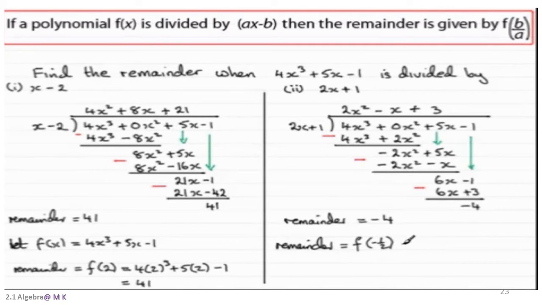So all I need to do now is just substitute minus a half into our expression here for f of x. So we're going to have 4 times minus a half all cubed, plus 5 times minus a half, and then minus the 1. If you work that out, you'll find you get the remainder of minus 4. And again, so much quicker.